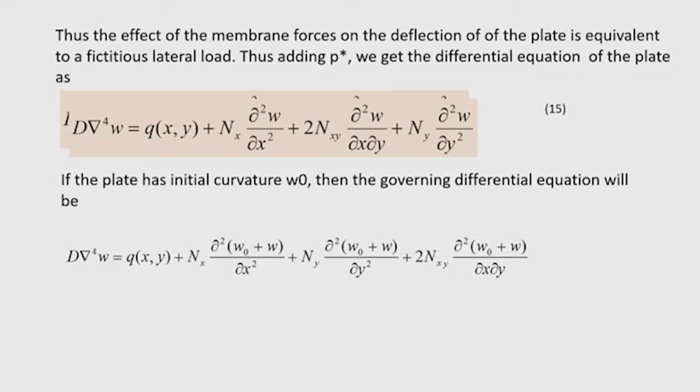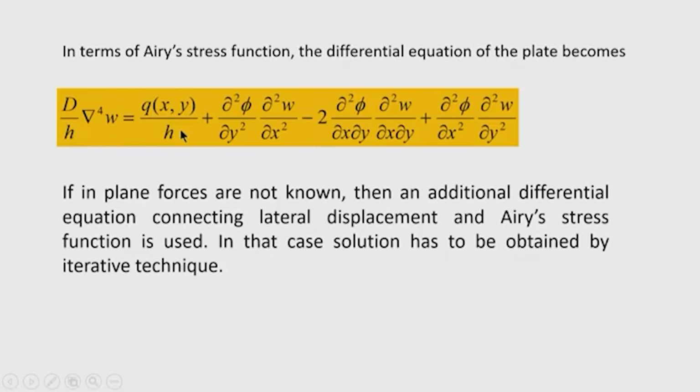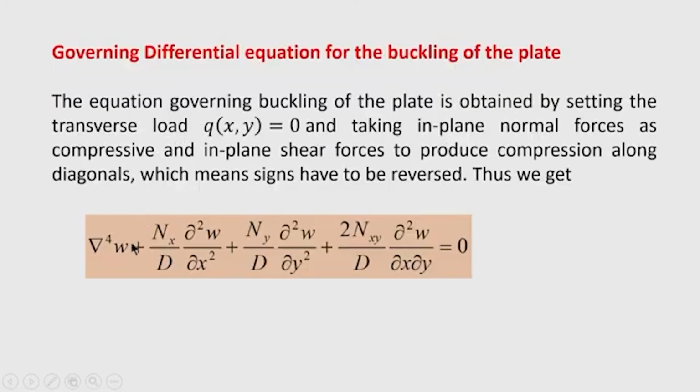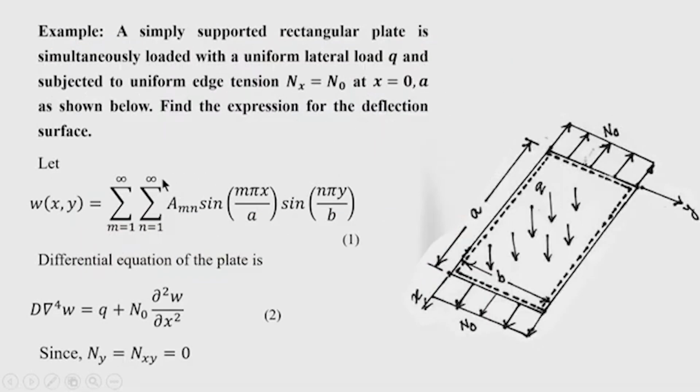If the signs are reversed and q is taken to be 0, then the equation for buckling of the plate is given by this: del⁴w plus Nx by D del²w/del x² plus Ny by D del²w/del y² plus 2Nxy by D del²w/del x del y equal to 0.